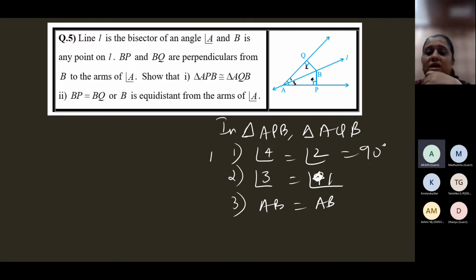Angle side angle, ma'am. For angle 4, okay. In triangle APB, we have mentioned about angle 4 and angle 3, right? Yes, ma'am. Which is the side included by angle 4 and angle 3?